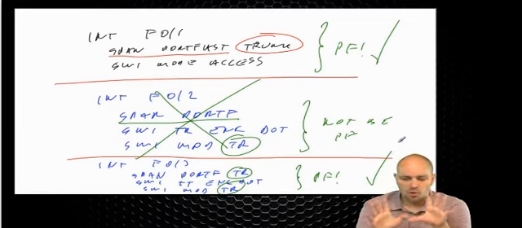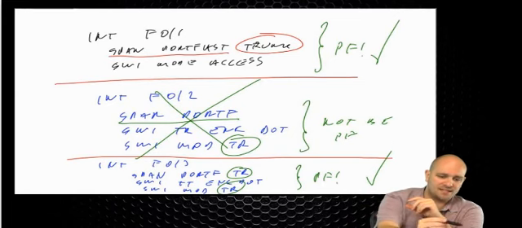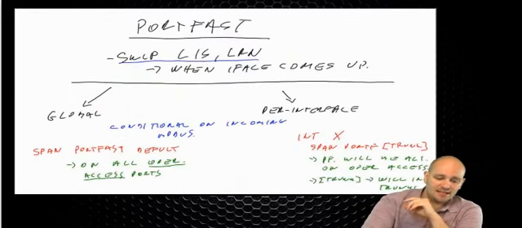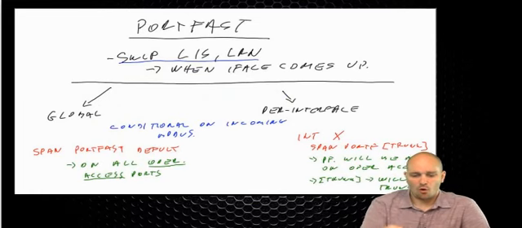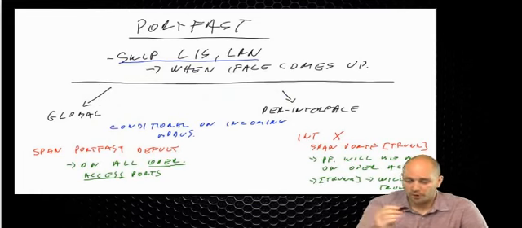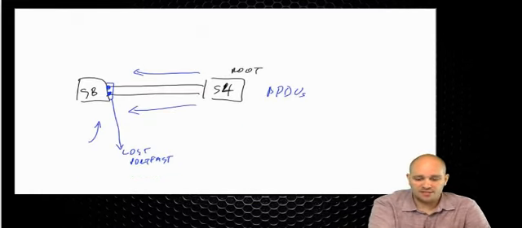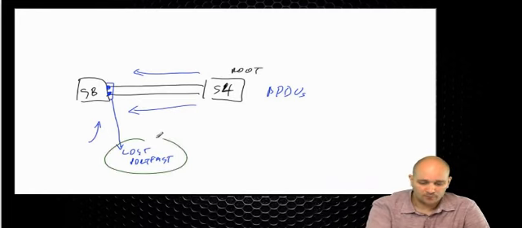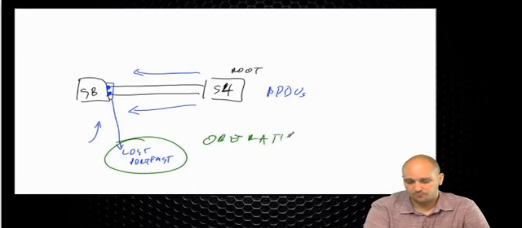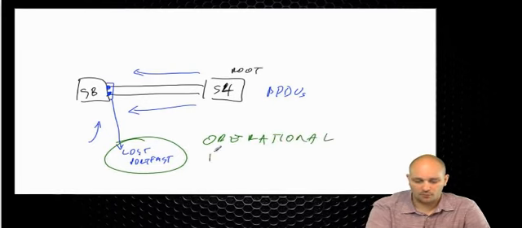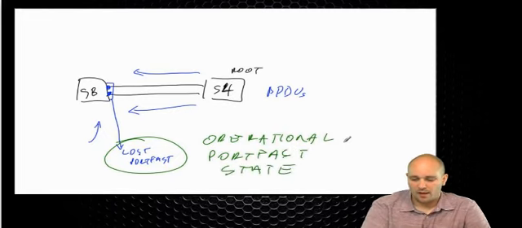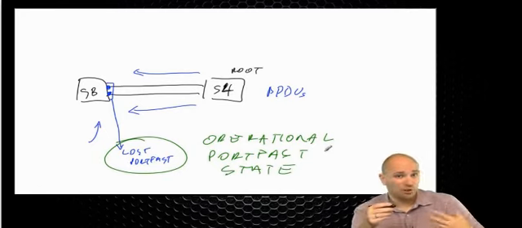Now, one of the most important things I would like you to take from this is that there is this concept of operational PortFast state. This is very different from what is actually configured on the interface.